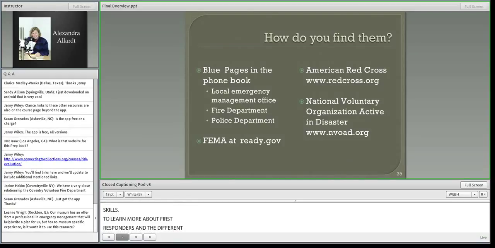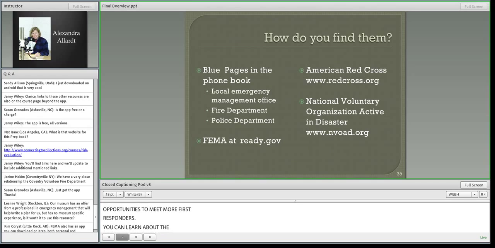The chapter meetings of the Red Cross and the National Voluntary Organization provide opportunities to meet more first responders. You can learn about the different range of skills they have and hear about other ways that even you can be involved to protect your community and your institution. You can go to ready.gov to find information on the federal emergency management contacts in your area too.